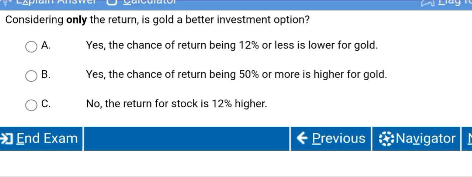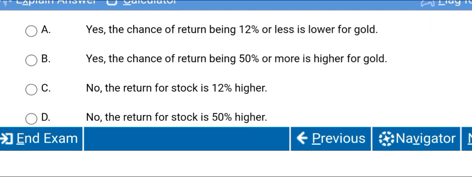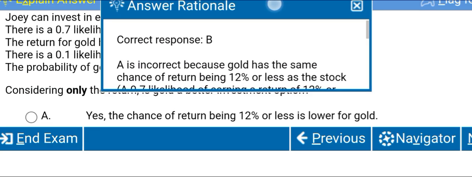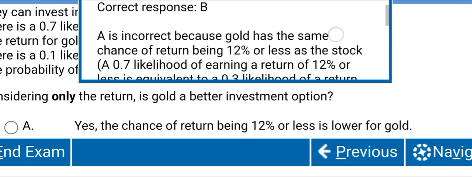Option C, no. The return for stock is 12% higher. Option D, no. The return for stock is 50% higher. So here the correct response is option B.